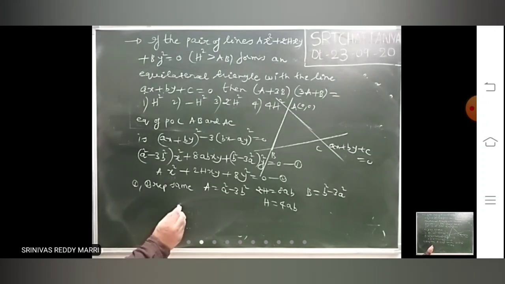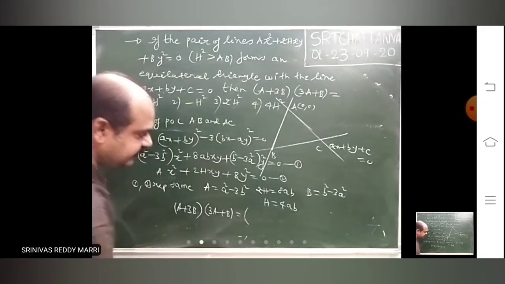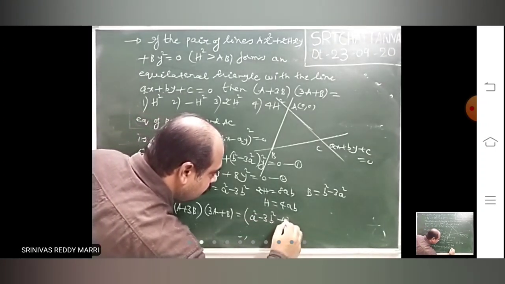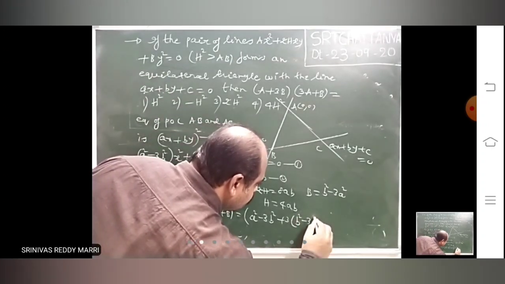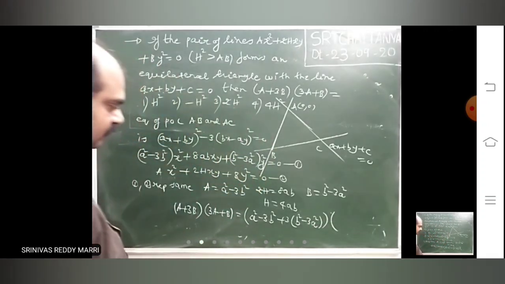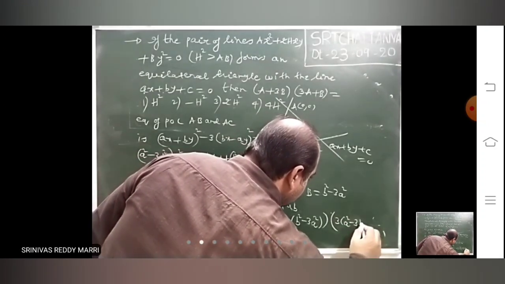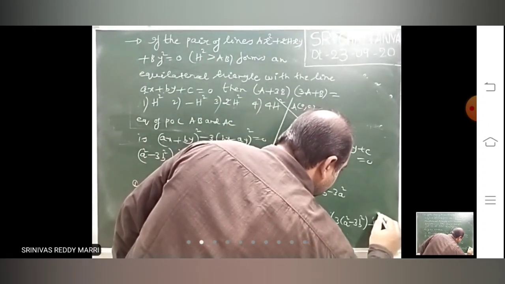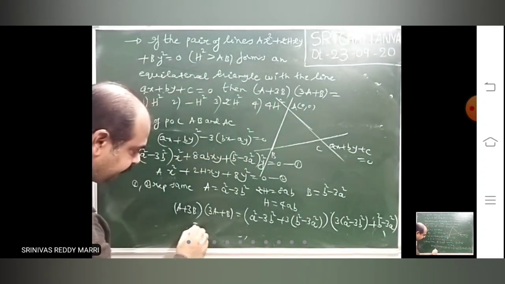So therefore what he is asking is, so that means A plus 3B, 3 into B into 3A plus B. This. So therefore what you will get?